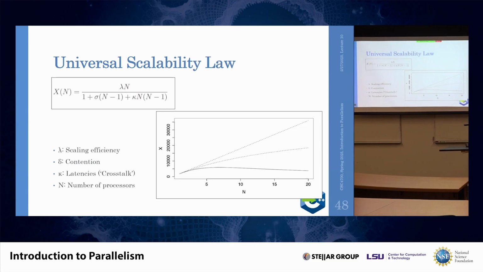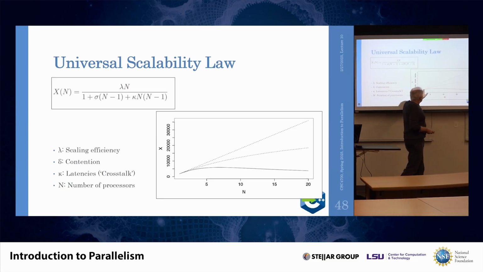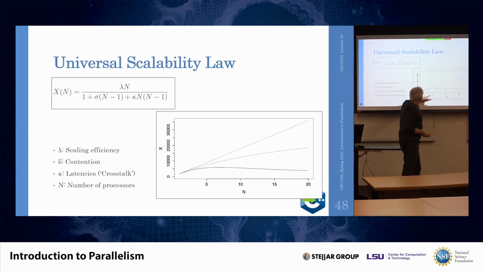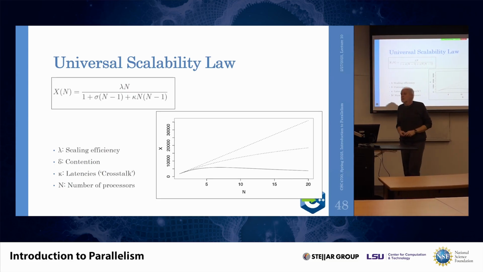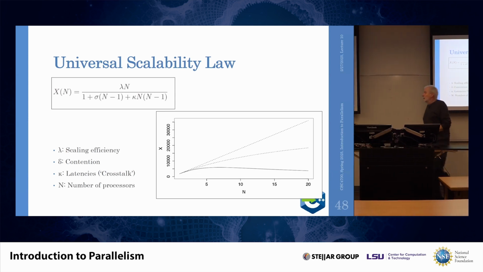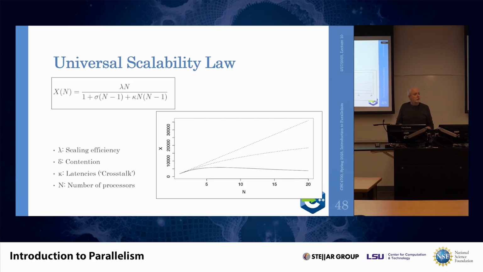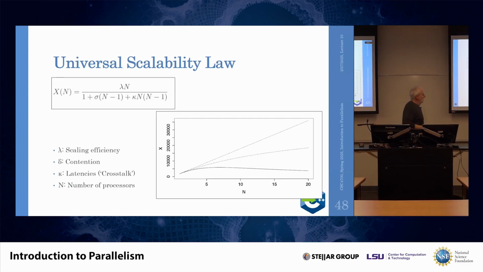People have extended Amdahl's law by adding contention and latencies to it, and what you see is that it not only goes up to a certain asymptotic value, it goes up to a point and then it goes down again when you increase the number of cores. And that is what you really see. When you increase the number of parallelism in the number of cores running on your system, you usually have an optimal performance peak where things run the best.